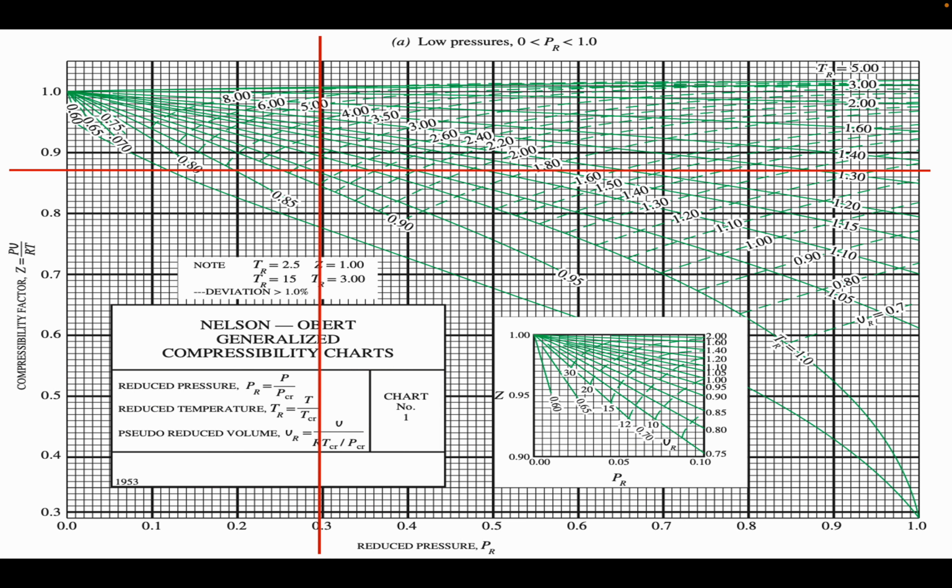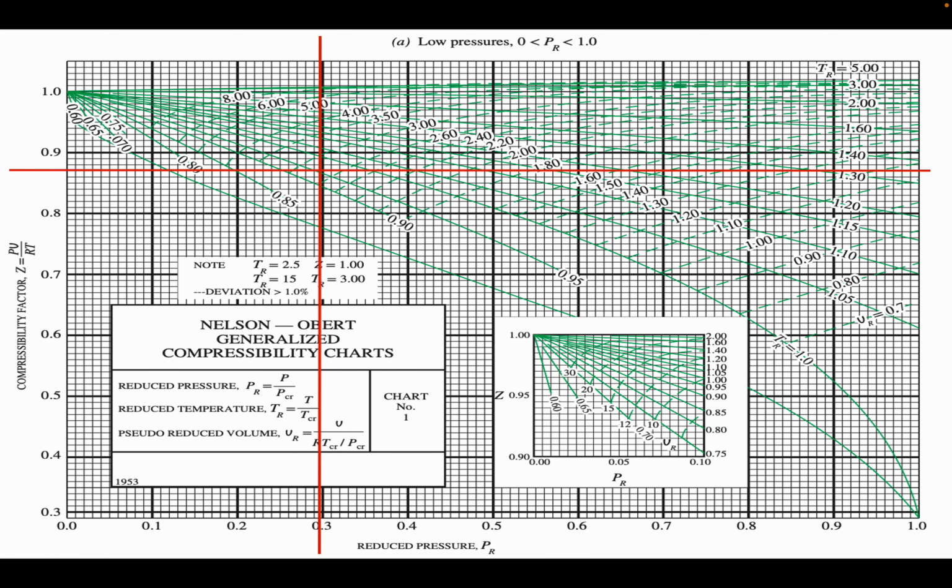Our PR was 0.295, and we draw a straight line above, and then we saw where our TR was, which is the reduced temperature. Our reduced temperature was 0.951, so we approximately take 0.95 as the line, and then we saw the intersection, and it was at 0.87 on the y-axis, which is the compressibility factor.